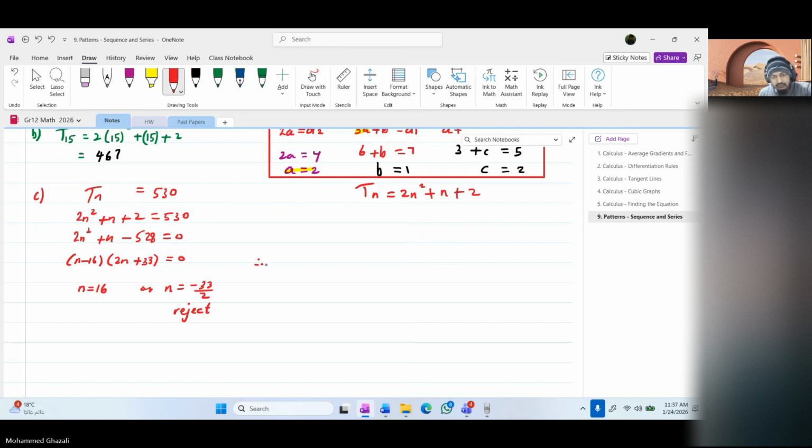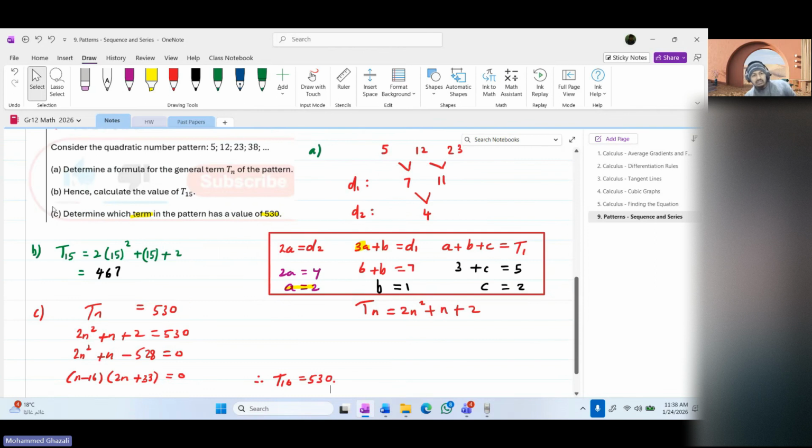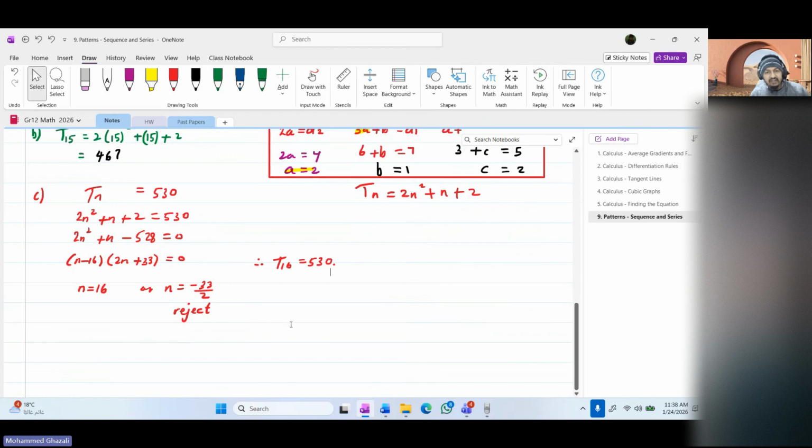Therefore, term 16 is 530. Okay, that's the answer. So determine which term in the pattern has a value of 530: term 16. You can write that in words. Term 16 has a value of 530.